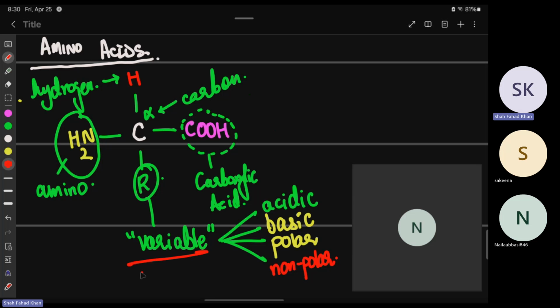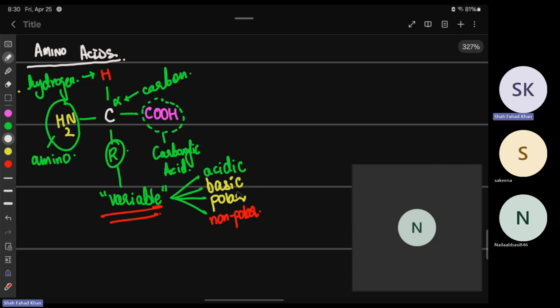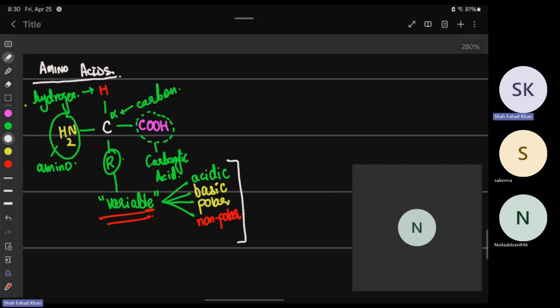The R group provides the identity to the type of amino acid. Whatever the R group is, the identity of that amino acid is governed by it.